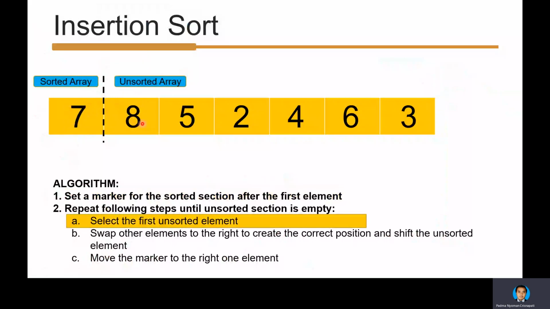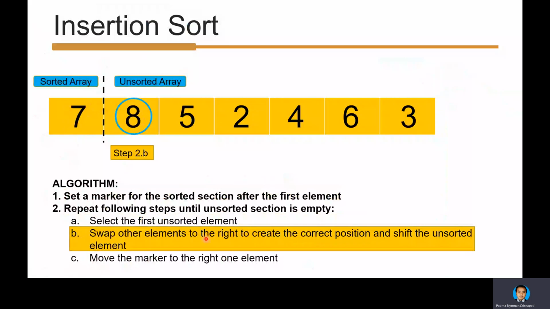After that, we go to the next step, the 2A algorithm. We must select the first unsorted element. It is 8.